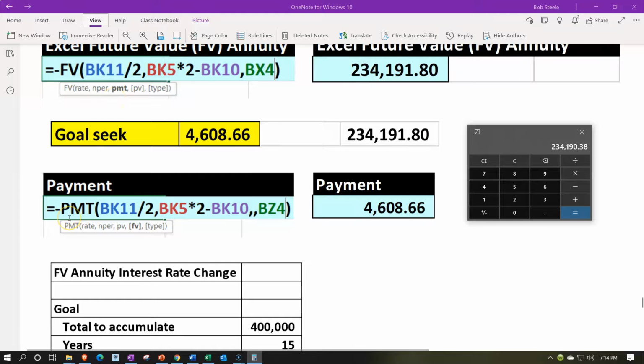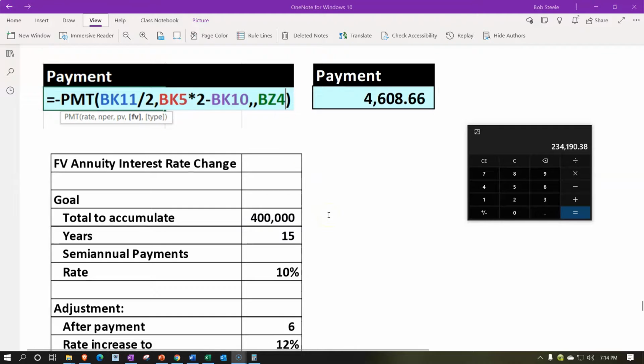There is. We could set up the payment formula, which would be the rate, the 12% divided by 2, comma, number of periods, same thing, 24, which was the 15 times 2 minus the 6, comma, comma, future value then being the amount of the 234,191.80, and that would then give us our same result here. So there we have that.